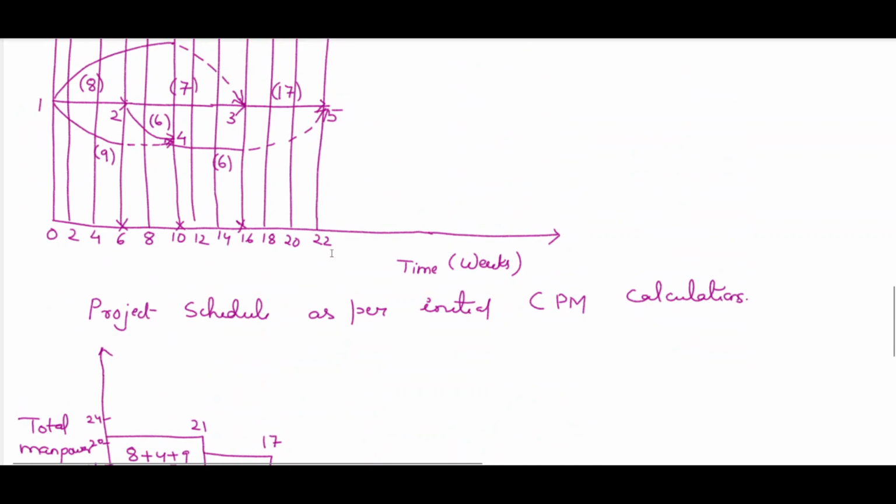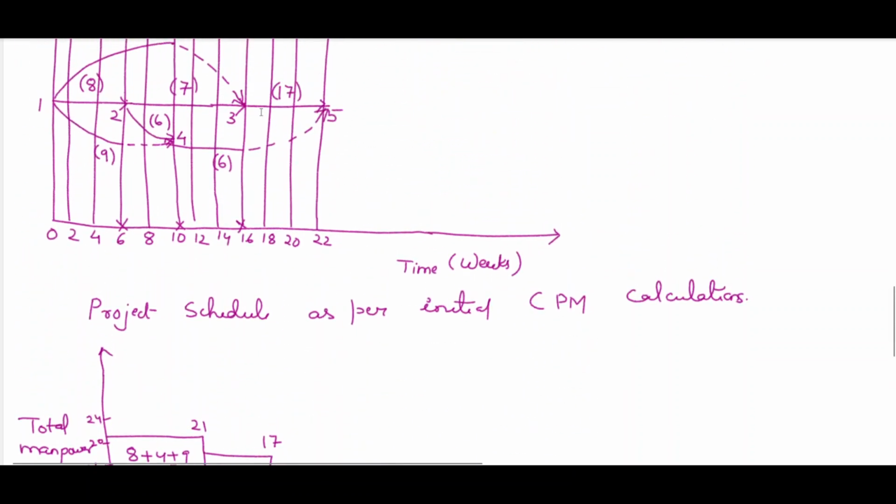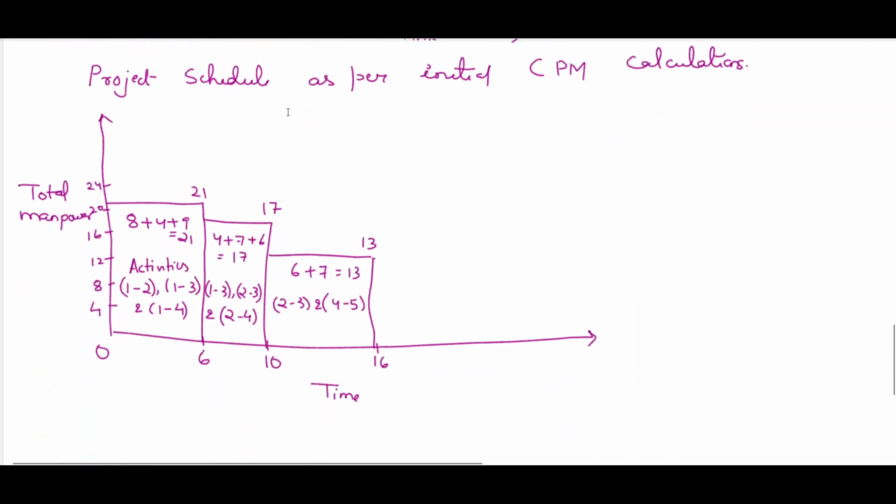Up to 22, what is the manpower requirement? Only 17, or this is the slack one, dotted one. The critical activity involved is only 3-5. So it is 17 up to 22.